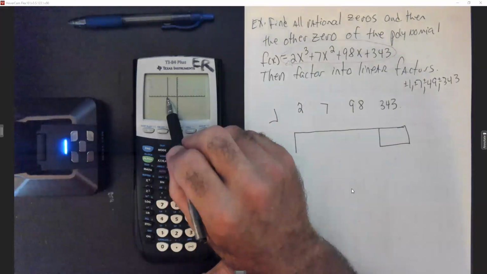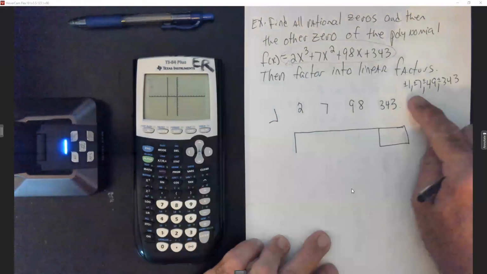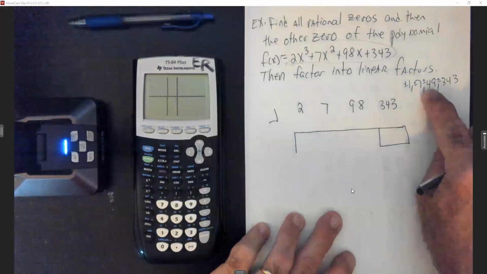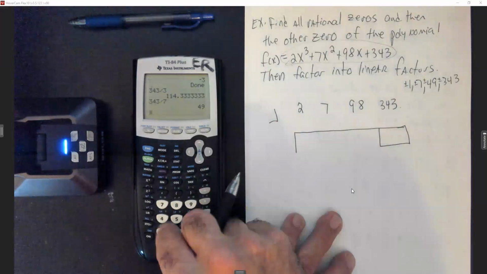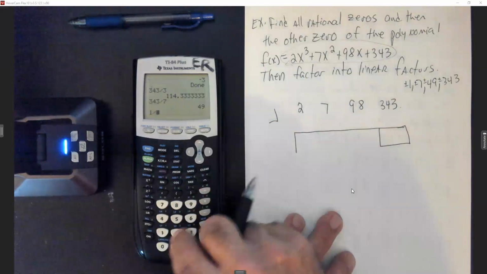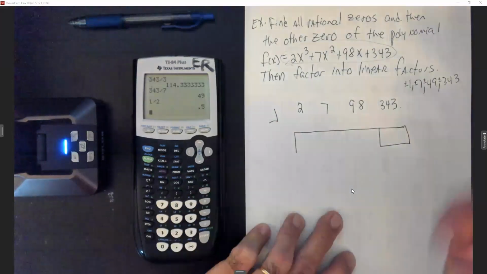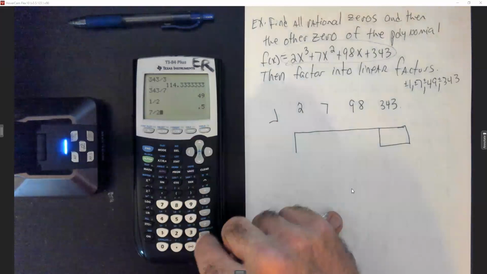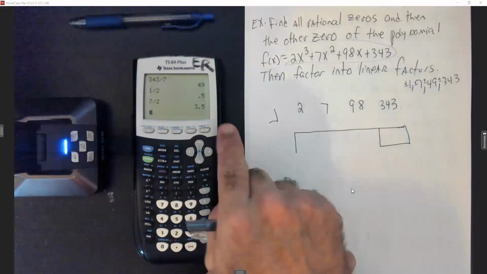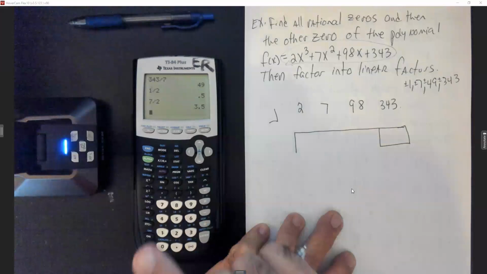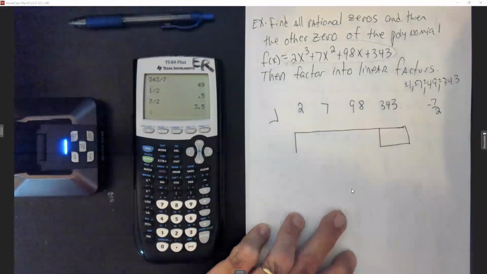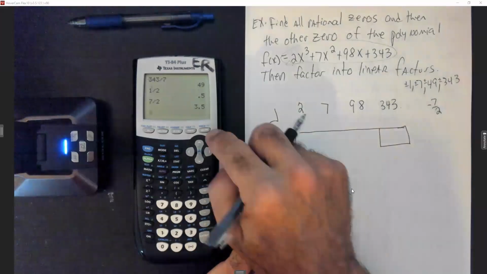So which one of these numbers, when you divide, will give you a number between 3 and 4? So watch this. 1 divided by 2. No, that gives me 0.5. 7 divided by 2. Oh, that gave me 3.5, which means -7/2 will be the first one I go because that's on the negative side and it's in between 3 and 4.